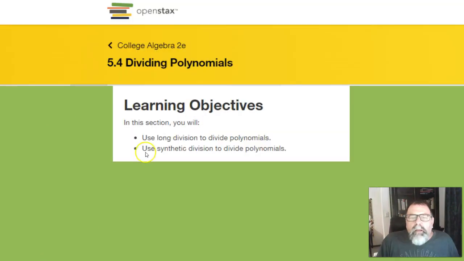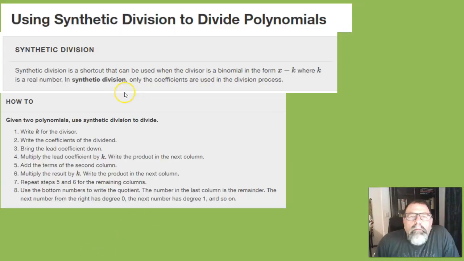Okay, on to synthetic division to divide polynomials. Synthetic division is a shortcut that can be used when the divisor is a binomial in the form of x minus k, where k is a real number.